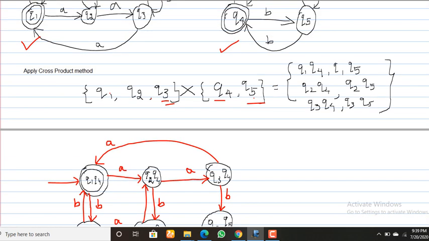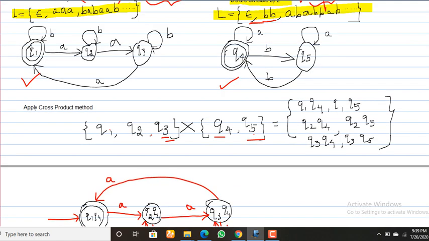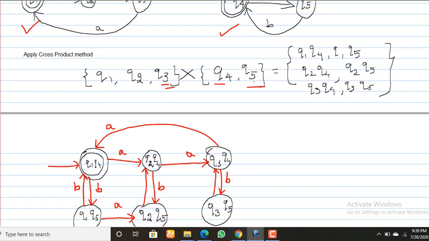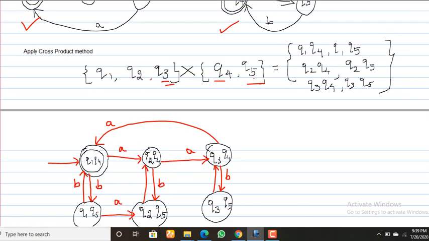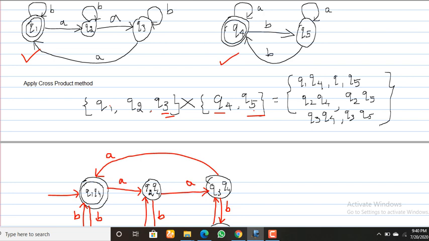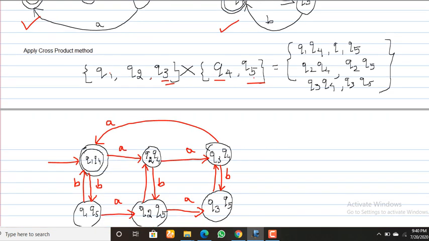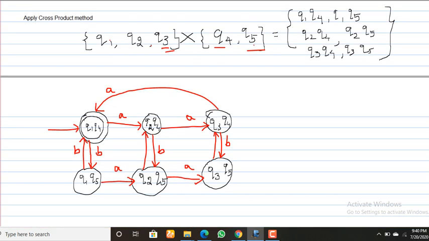Q3 on receiving B stays at Q3, and Q5 on receiving B moves to Q4, giving Q3Q4. For the A cases, from Q3 on receiving A it moves to Q1, and from Q5 on receiving A it stays in the same state Q5, giving Q1Q5.